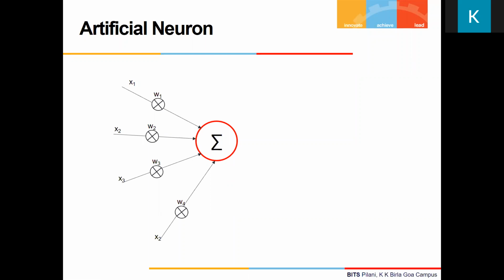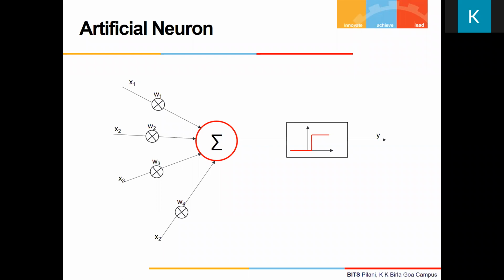In many neural network packages, software implementations, as well as textbooks, you will see this operation simply represented as a dot operation between X and W if you represent them as two vectors, because you're just multiplying each one, summing them up, and you get the output, which is nothing but the dot product.